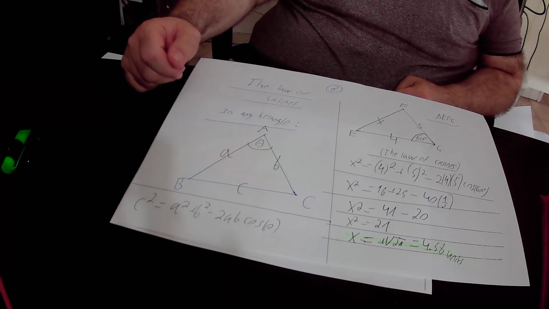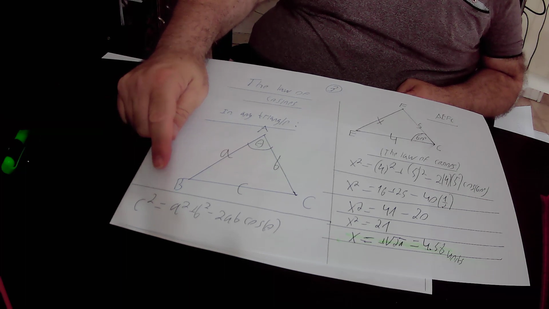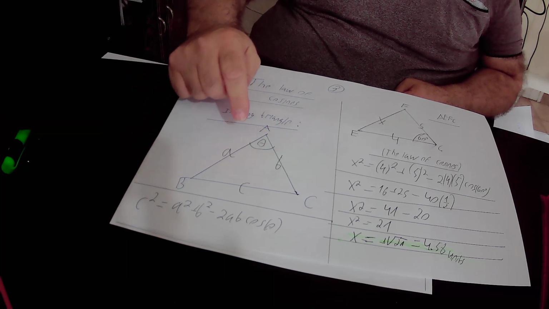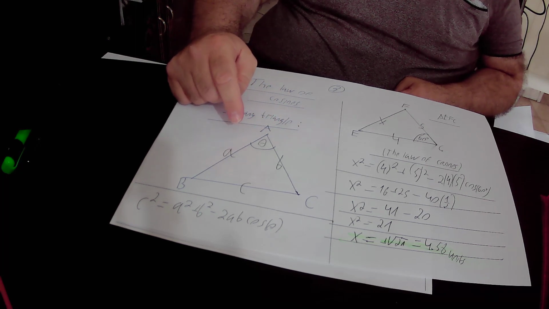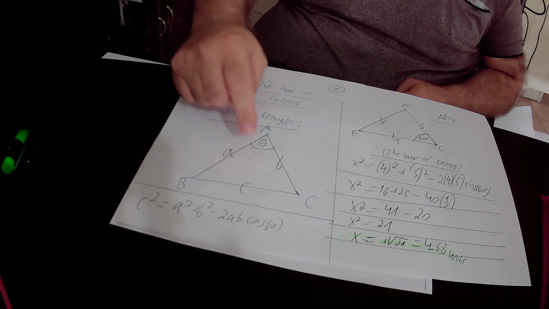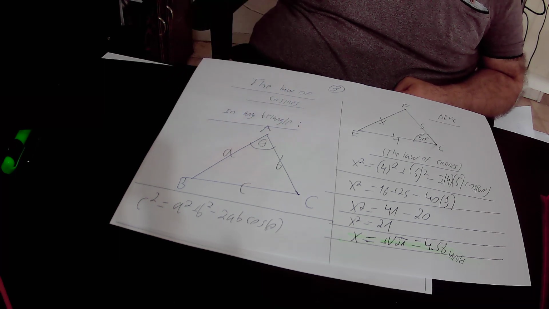Then according to the law of cosines, C squared equals A squared plus B squared minus 2 times A times B times cosine theta.